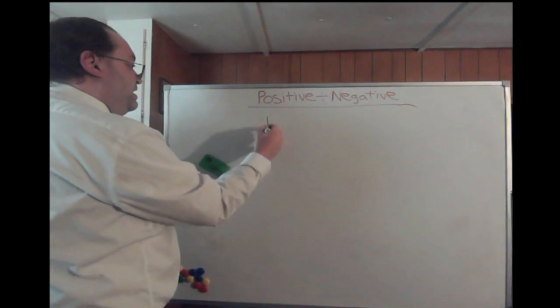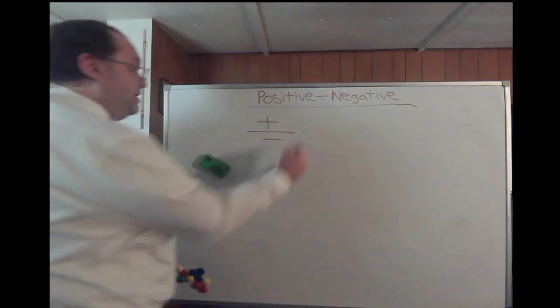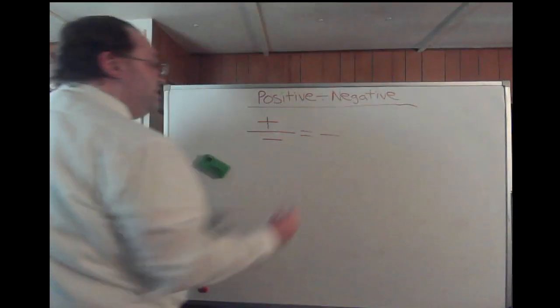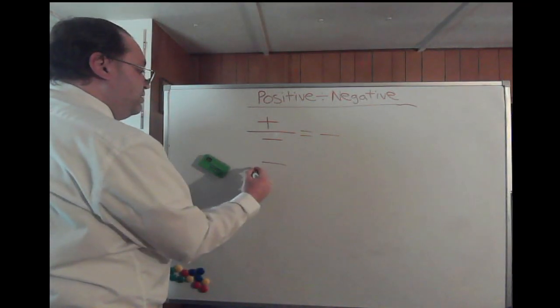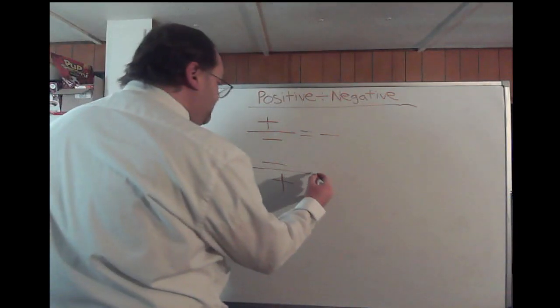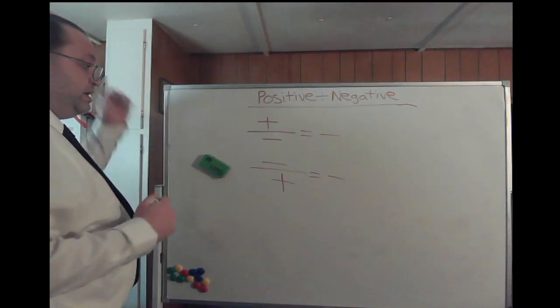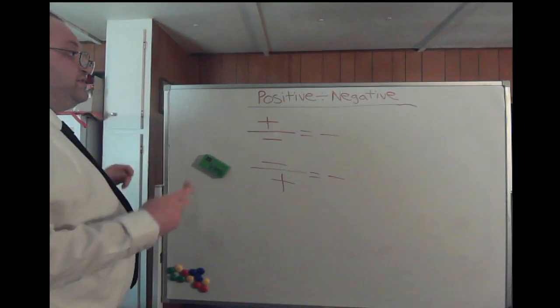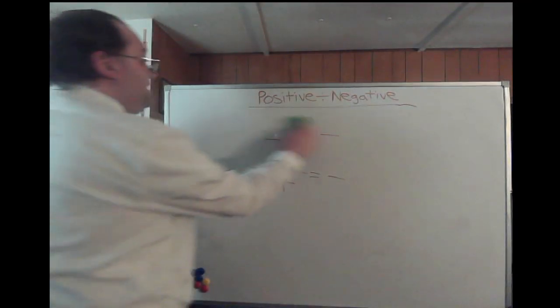So let's say I have a positive number, I divide it by a negative number, my answer is going to be negative. Likewise, if I take a negative number, divide it by a positive number, I'll also get a negative result. So if it's positive divided by negative or negative divided by positive, you always get a negative answer.